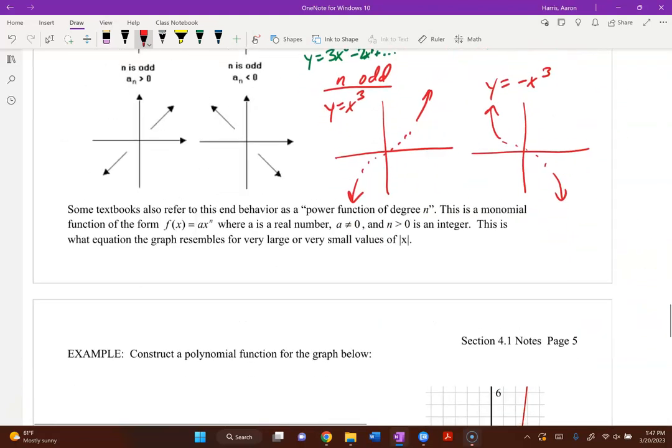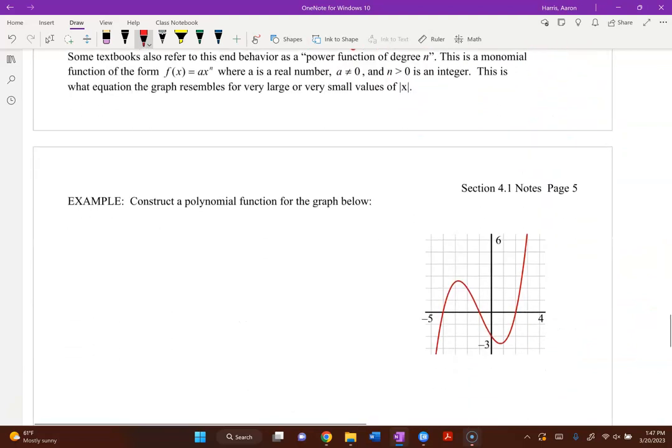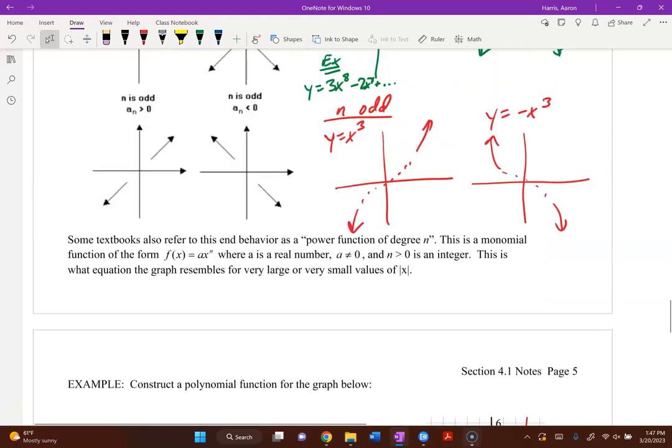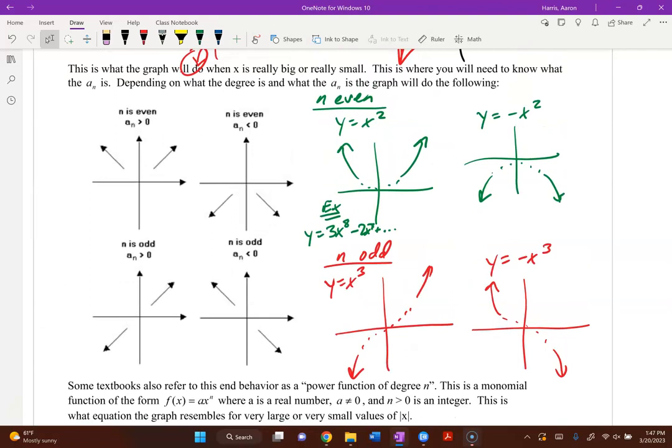Okay, so let's look at some here. It says let's go ahead and construct a polynomial given this graph here. First of all, it goes down to the left, up to the right. What's the degree, even or odd? Odd.